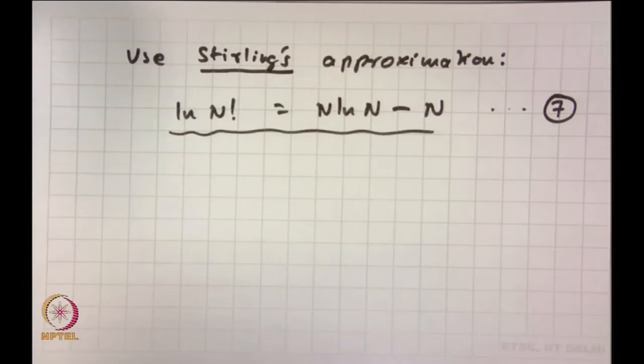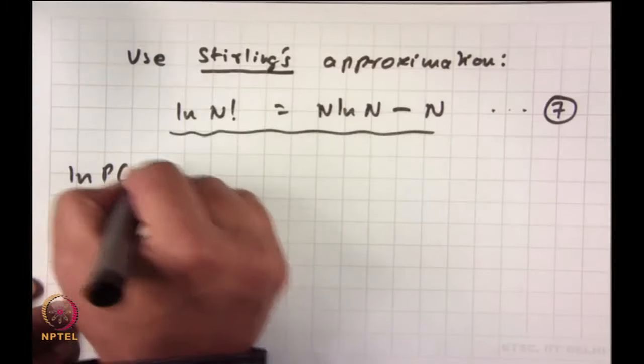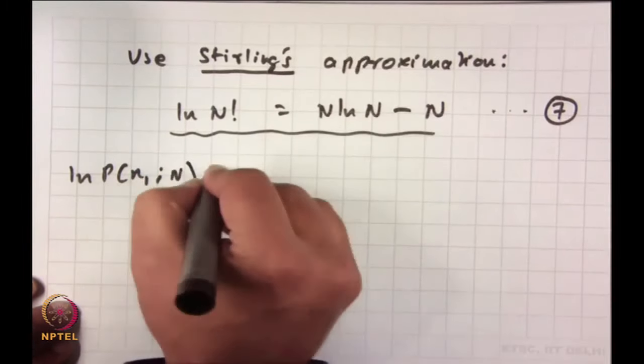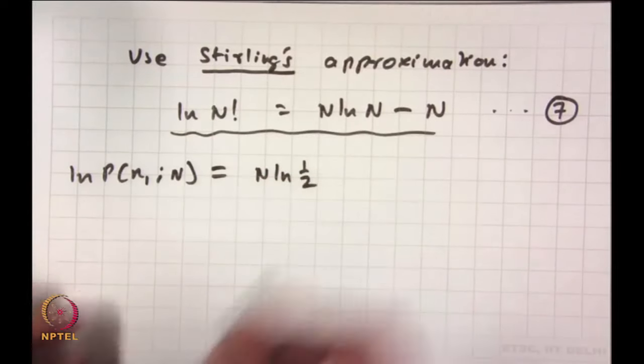So, we take this and put it back in our equation number 6, then ln P is given by, the first one stays as it is, N ln half. Now, what are the next ones?